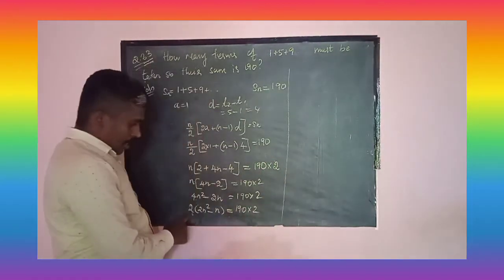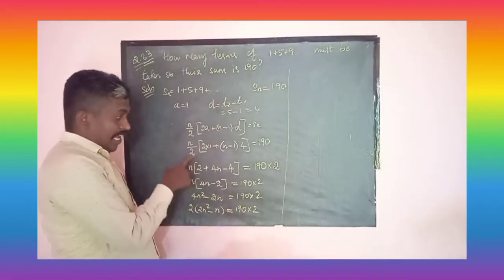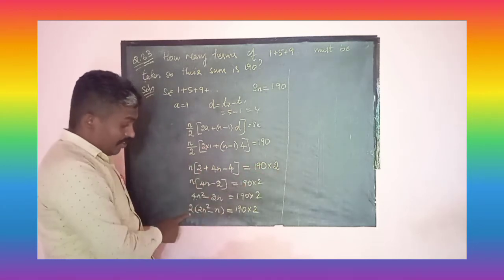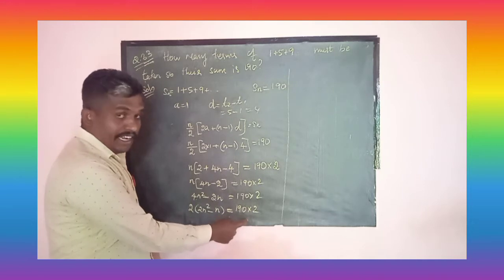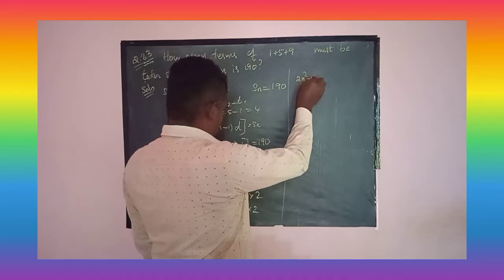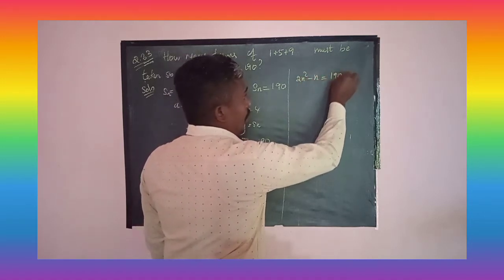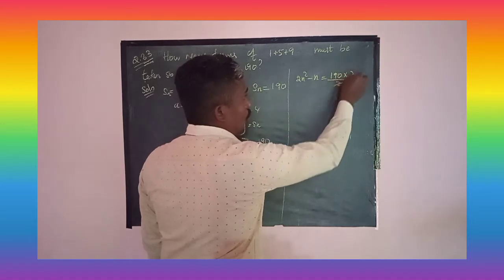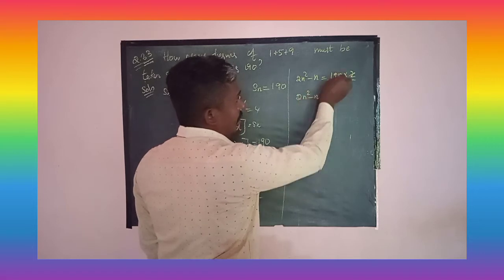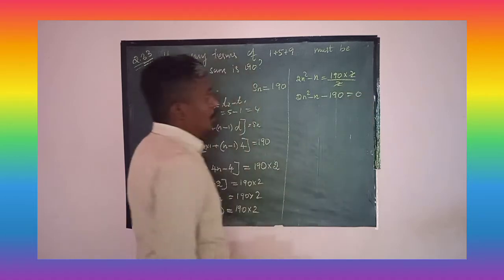Since 2 is a multiplication, taking it to the other side it becomes a division. So the 2 will be cancelled, and 2n square minus n minus 190 is equal to 0.